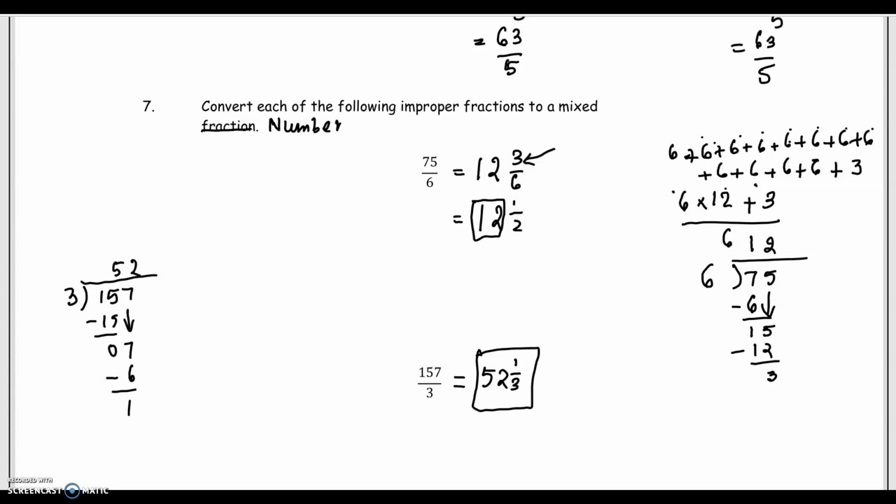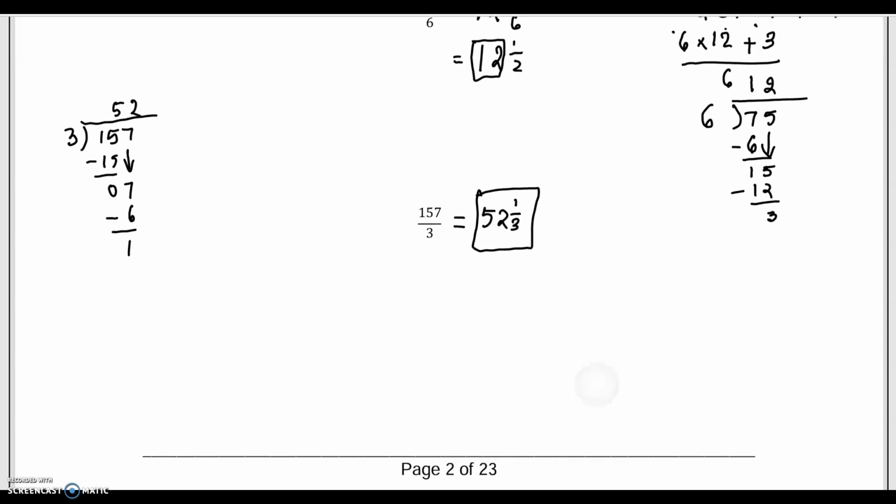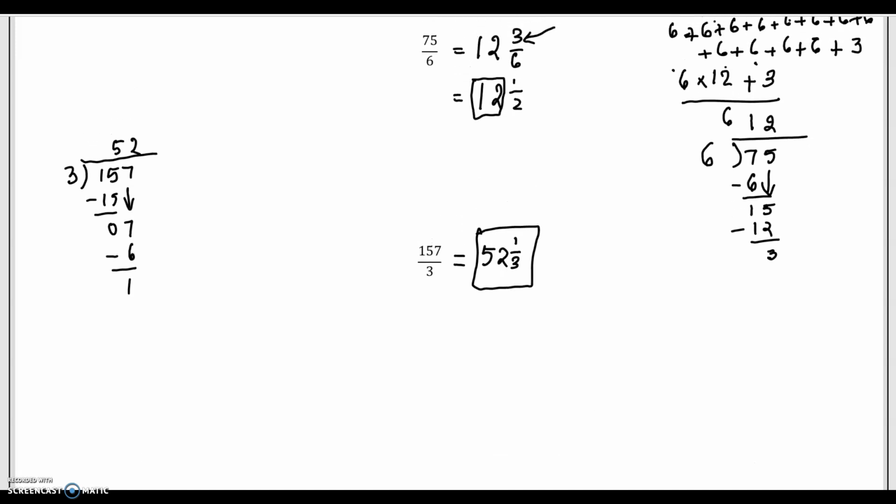So this is how we convert improper fractions to mixed numbers. So let's do one more. Let's say 19 over 5. What exactly does this mean?